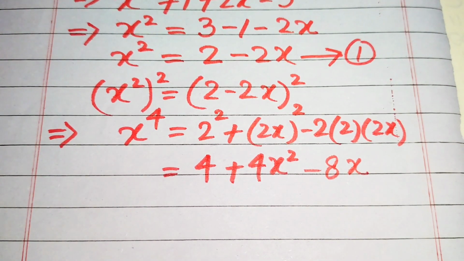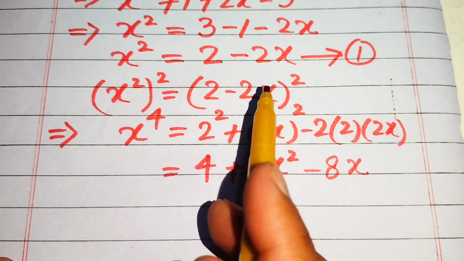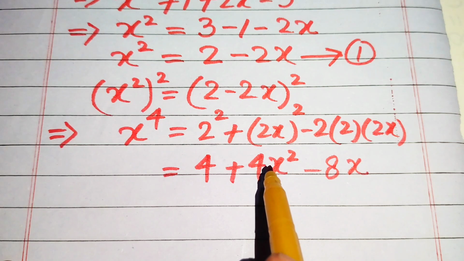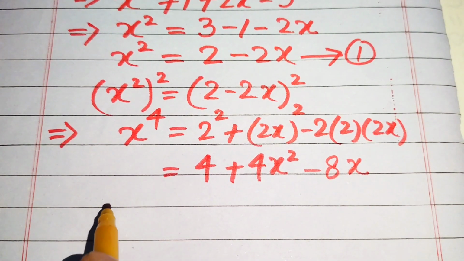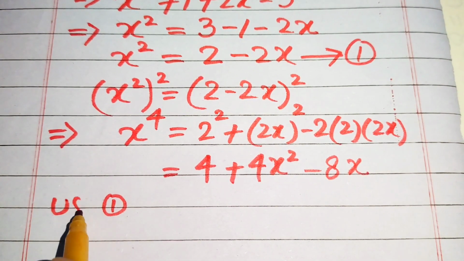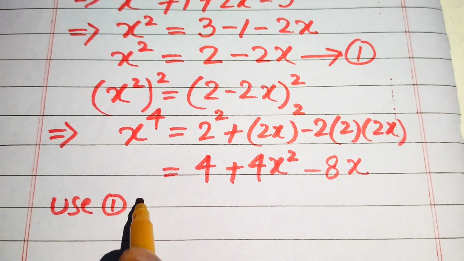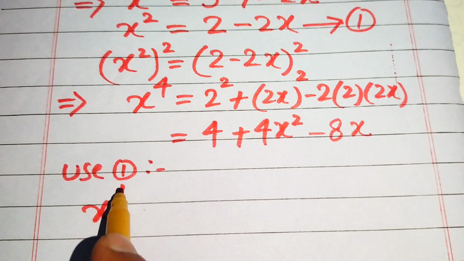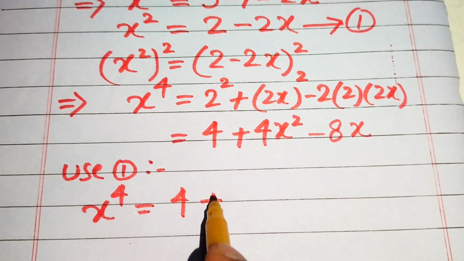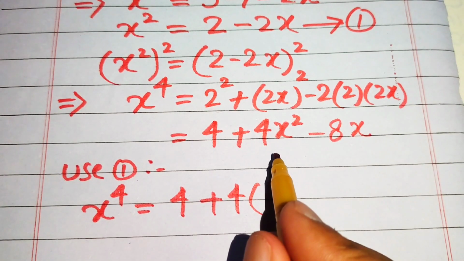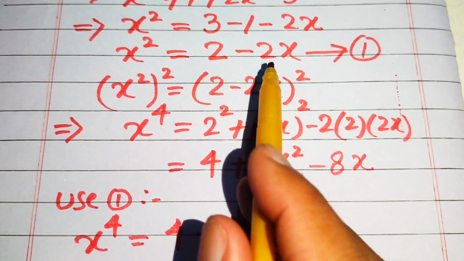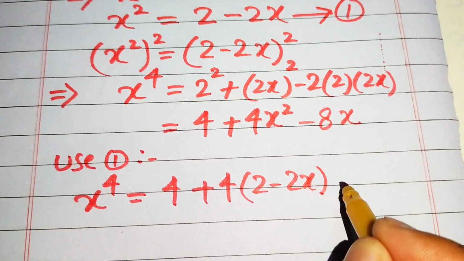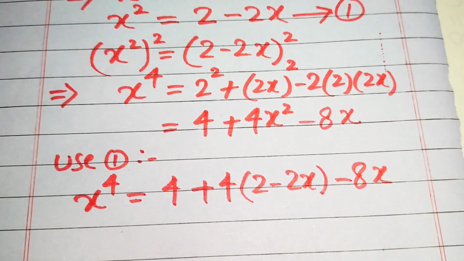8x. So here we know from equation number 1 that x square equals 2 minus 2x. We use this value of x square here, so we write: use equation number 1. So x to the power of 4 equals 4 plus 4 times x square, and our x square is equal to 2 minus 2x. We substitute it here: 2 minus 2x, minus 8x.